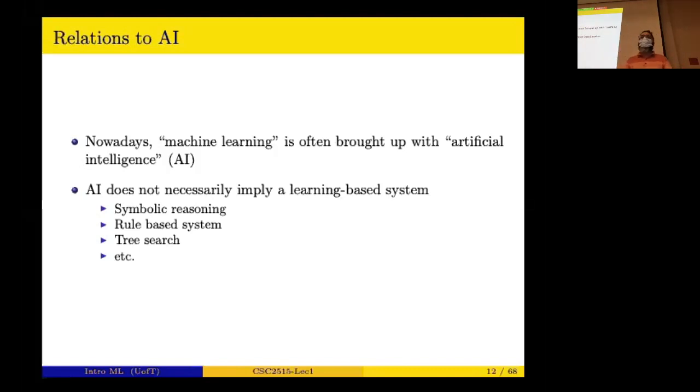Machine learning can be seen as a part of having an intelligent system, but there are aspects of AI that do not use anything learning-based. For example, we have symbolic reasoning, rule-based systems, tree search, which do not have any learning components.